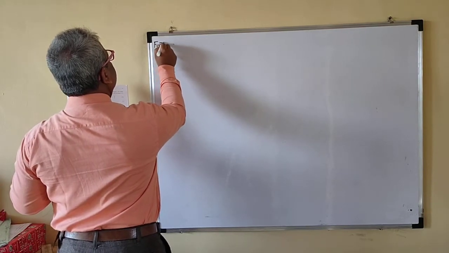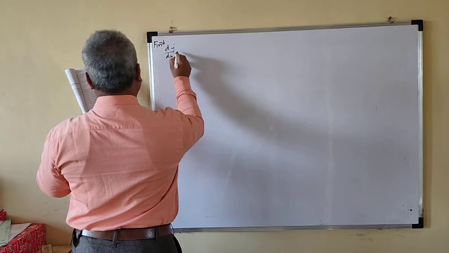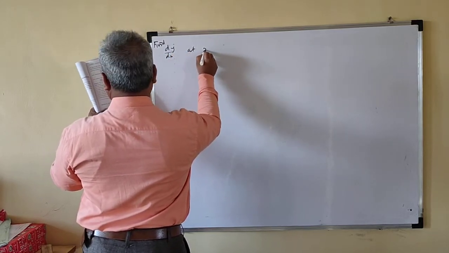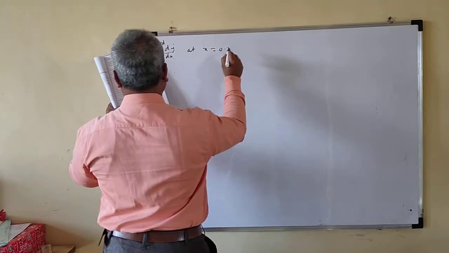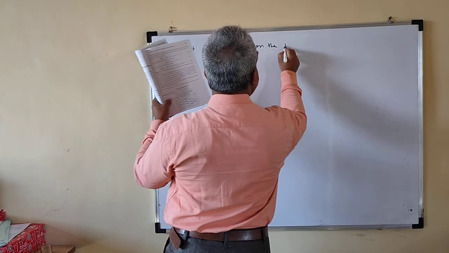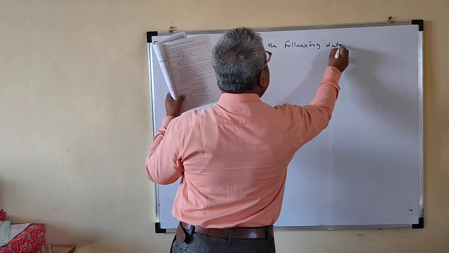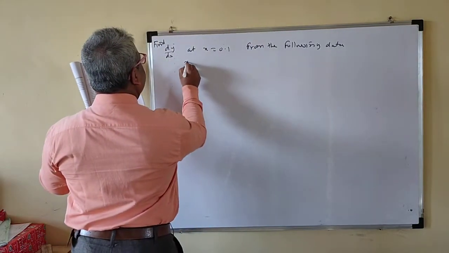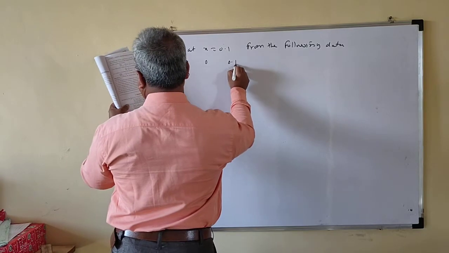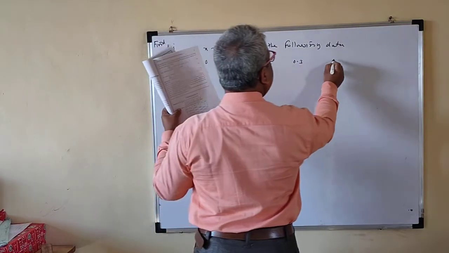Find dy by dx at x is equal to 0.1 from the following data: x is 0, 0.1, 0.2, 0.3, 0.4.